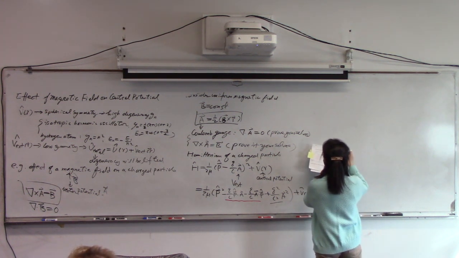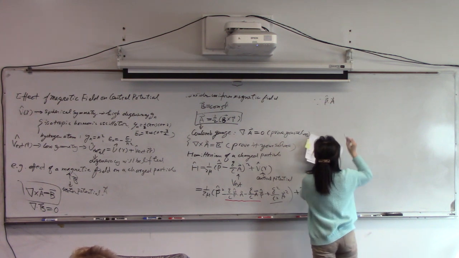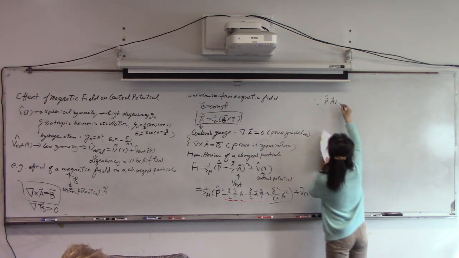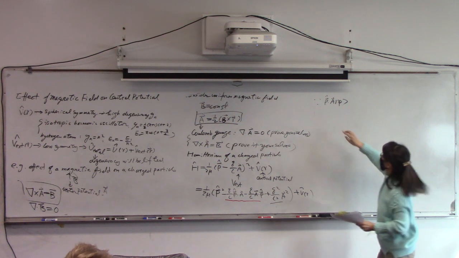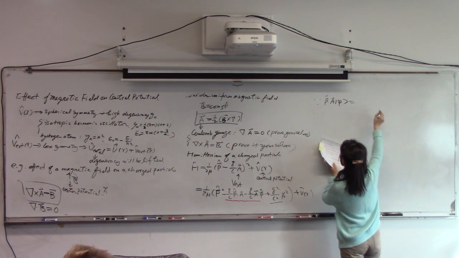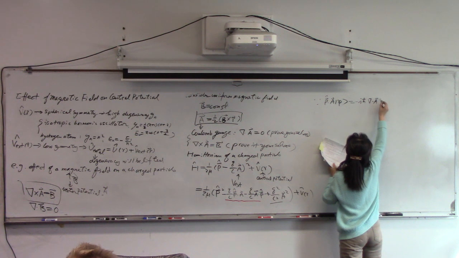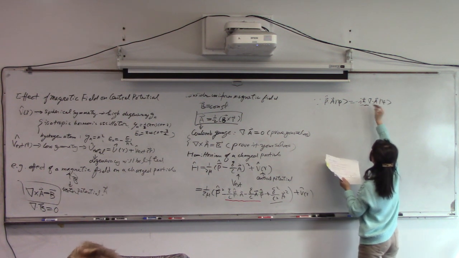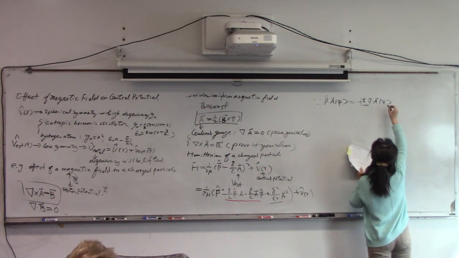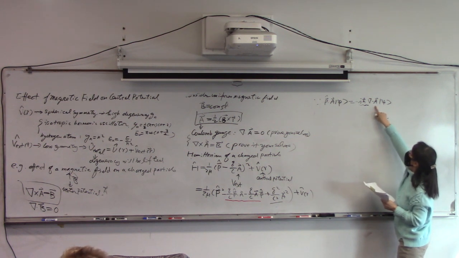So p inner product with A, what is p? Since p has a partial derivative, let's use an arbitrary function to help us, so this product is still an operator applied to this state. We know p is minus i h bar gradient, the linear momentum operator. Since A is a function and the state is also a function, when the gradient acts we have two terms.